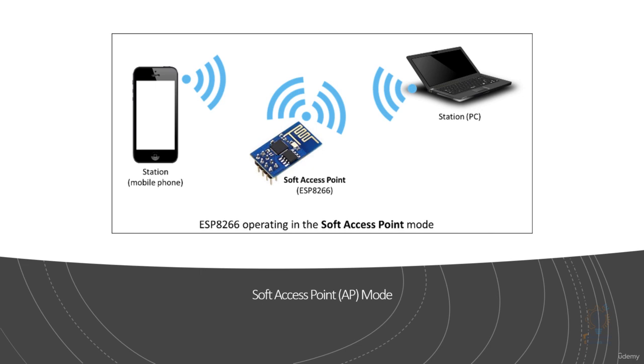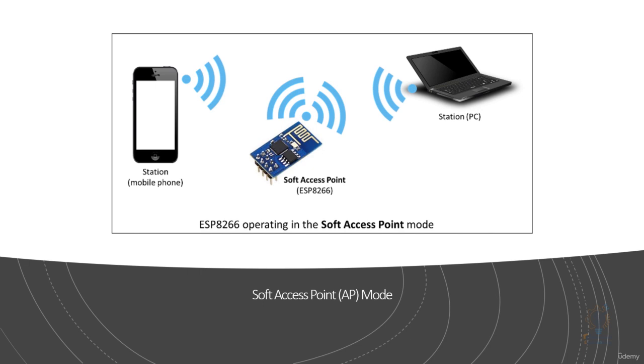Unlike a Wi-Fi router, it does not have an interface to a wired network, so such a mode of operation is called soft access point, or soft AP. Also, the maximum number of stations that can be connected to its network is very limited, up to 5.